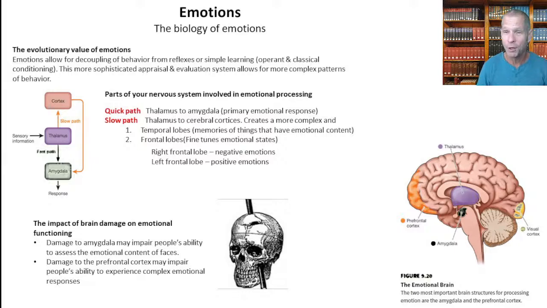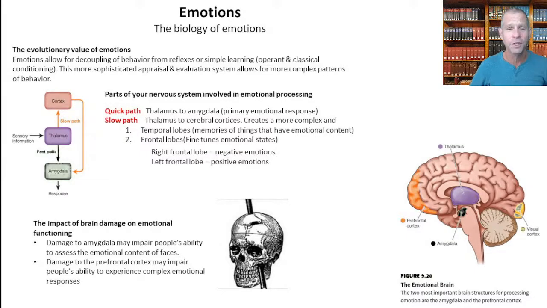If you didn't have emotions, you'd have to act on nothing but a set of reflexes set into your system. But learning allows you to adapt your behavior based upon experience. And so learning, if you will, or emotions are built into the system.